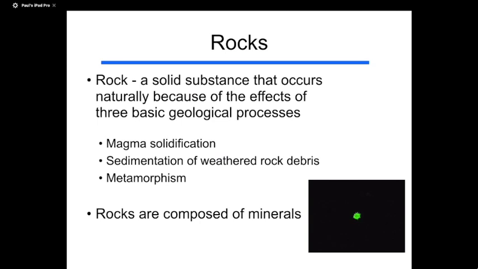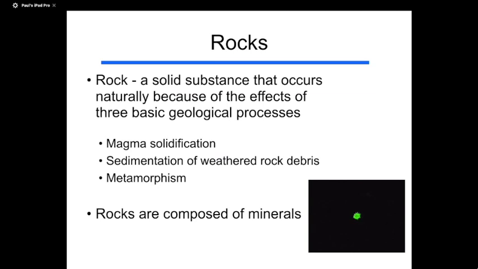A rock. This seems so basic an idea that you wouldn't even have to define it, but a rock is a solid substance that occurs naturally because of the effects of three processes.